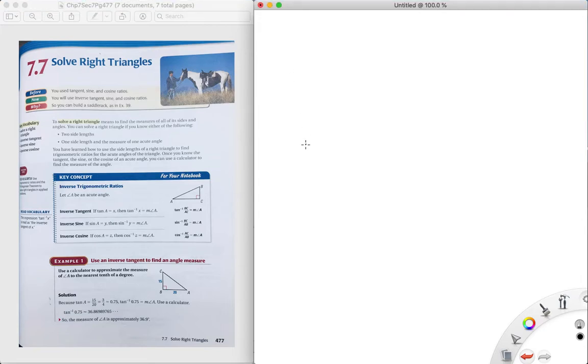Alright, so this is Honors Geo section 7.7, solving right triangles. So if you were to have a right triangle A, B, and C, if we had tangent of, let's use angle A here.